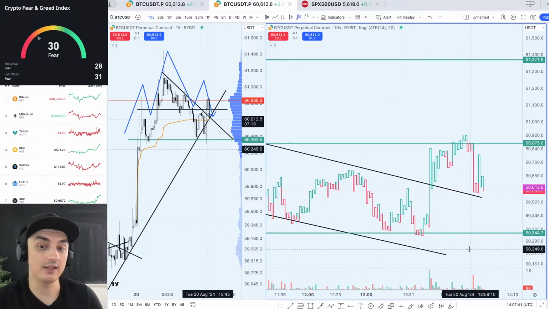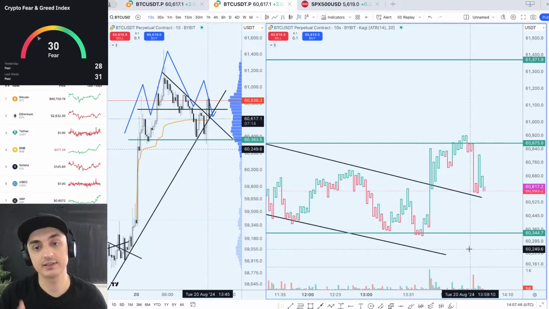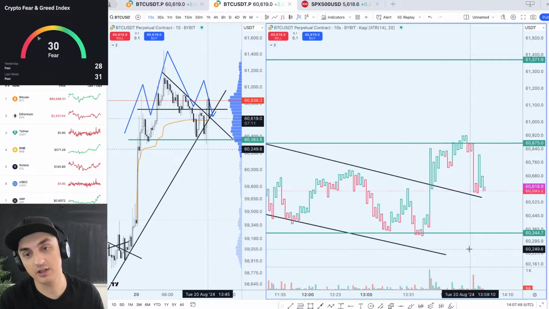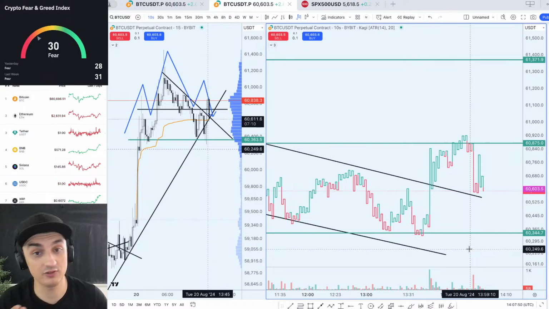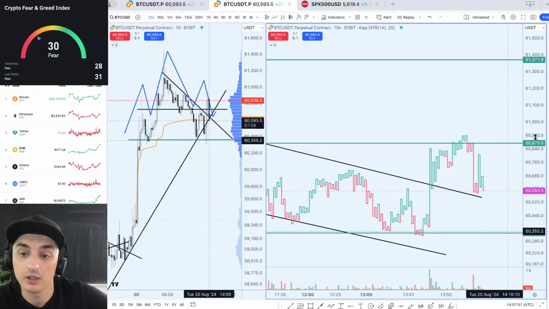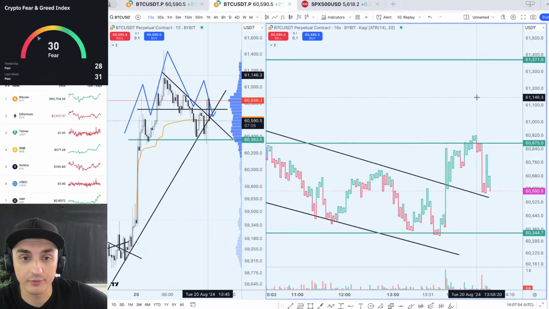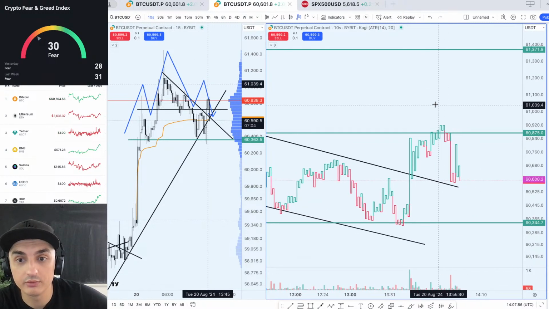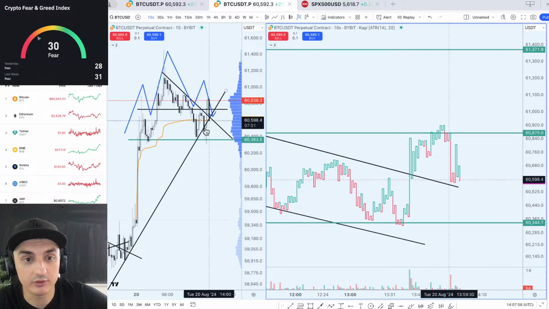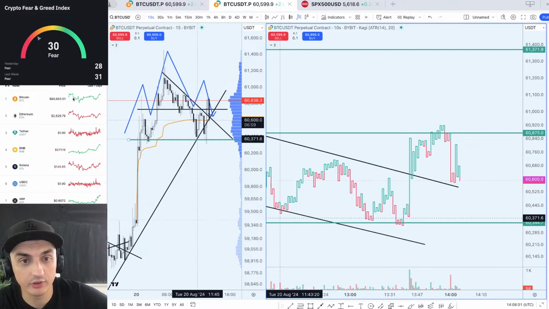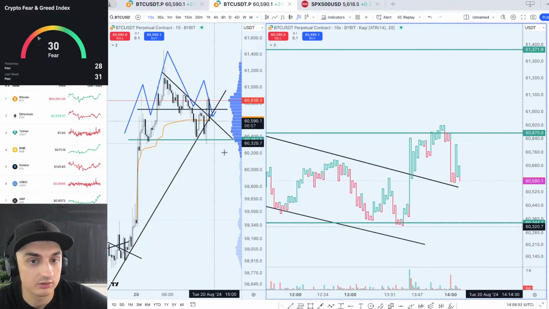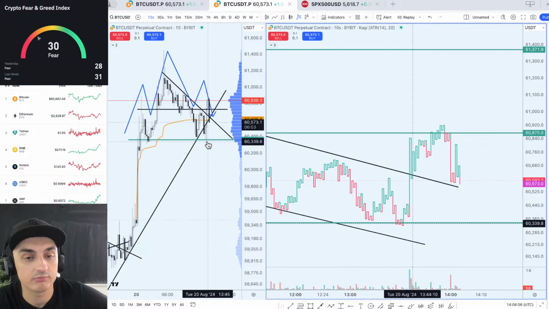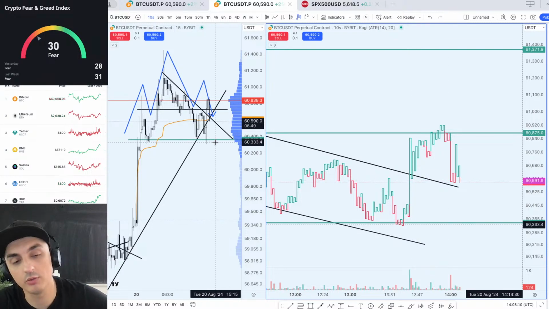Some people say it's easy because you place orders in these areas of support and resistance and try to take them. But for me, I don't really like to do this, simply because sometimes we get breakouts and we could be stopped out.